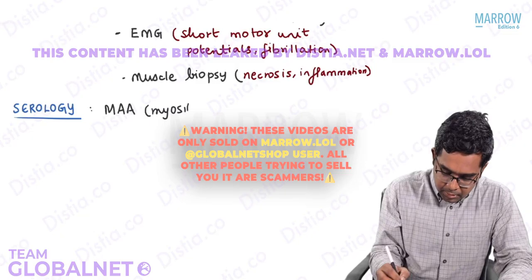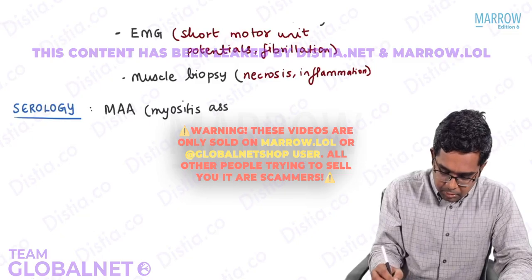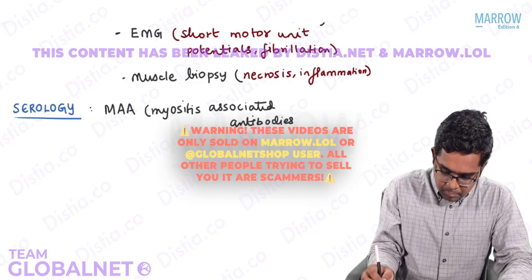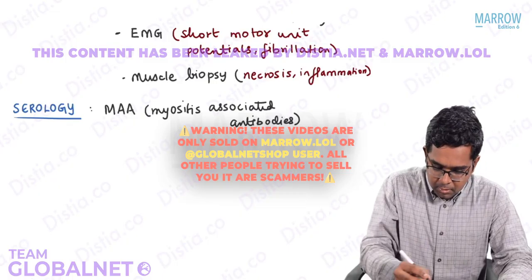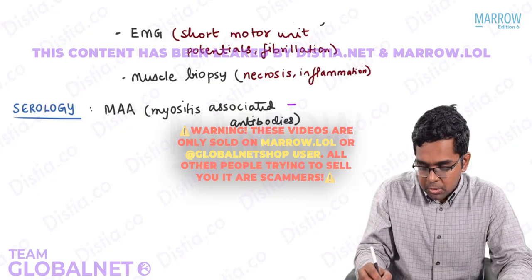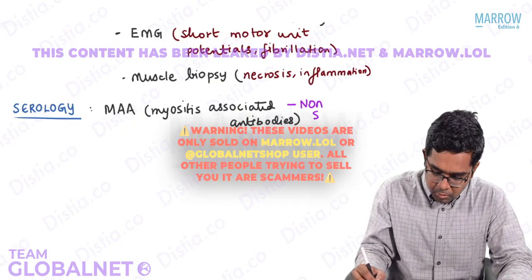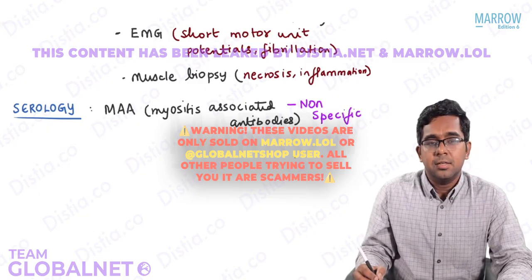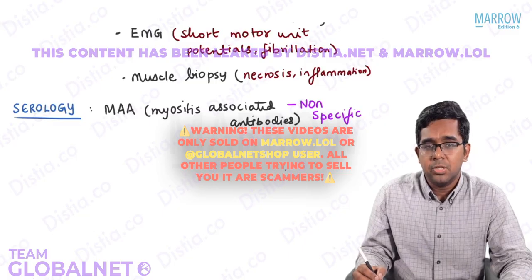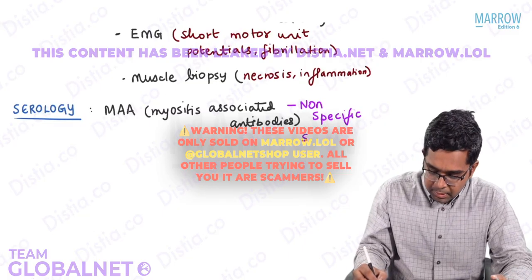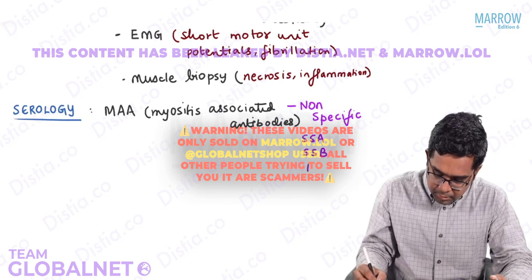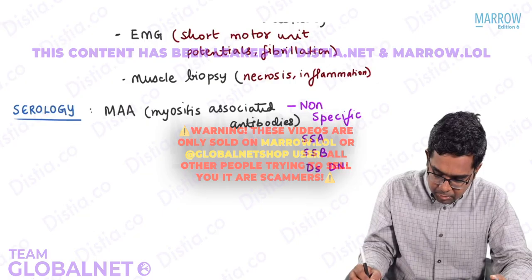Myositis associated antibodies, which are non-specific antibodies. Right? Here, the type of antibodies would be antibodies against SSA, SSB, and even anti-double-stranded DNA antibodies.